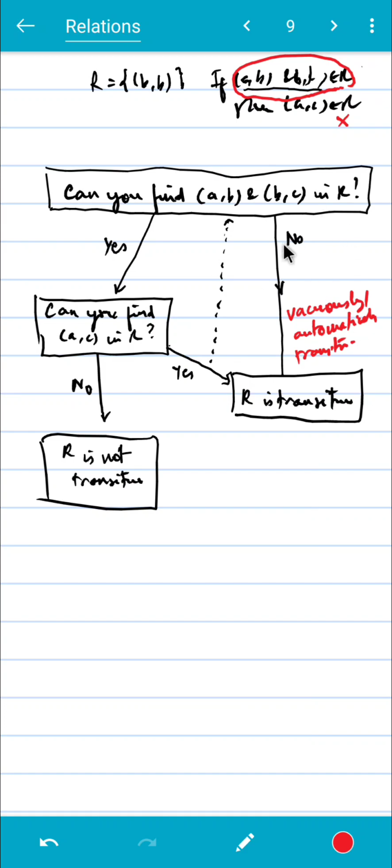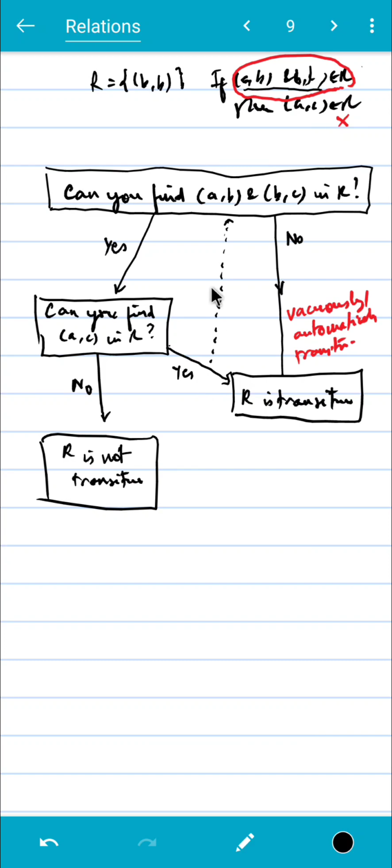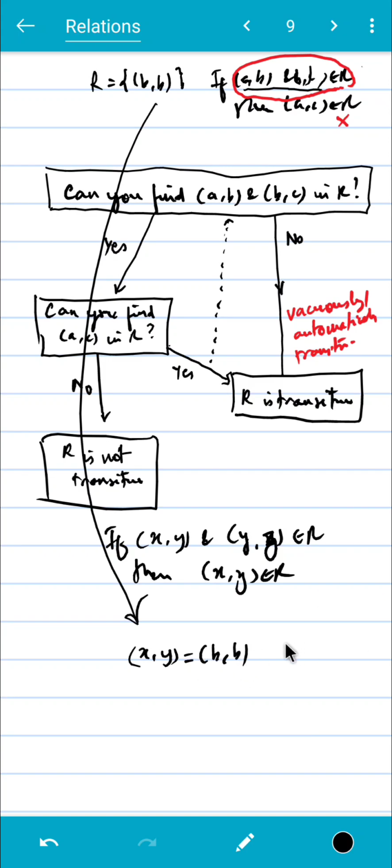So we'll be using this structure of checking for transitivity. In this case, we have this (B, B). We consider the condition like this: if (X, Y) and (Y, Z) belong to R, then (X, Z) must also belong to R for it to be transitive. So in this relation, we take (X, Y) to be (B, B). But then, can you find an element (Y, Z) in this question?